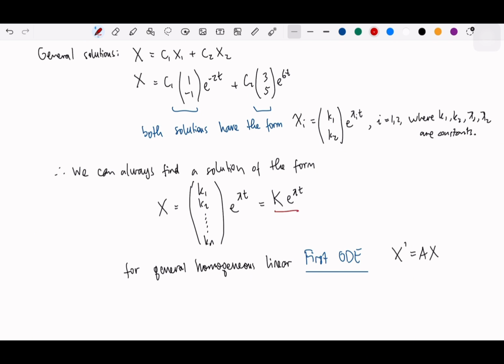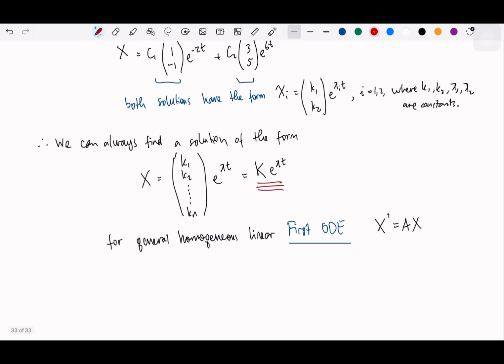So this will be the solution: x = k e^(lambda t). So this is the solution for this one. And this is supposed to be with A an n by n matrix. We need to have an equal size of row and column. If not, then we cannot find the determinants, right?